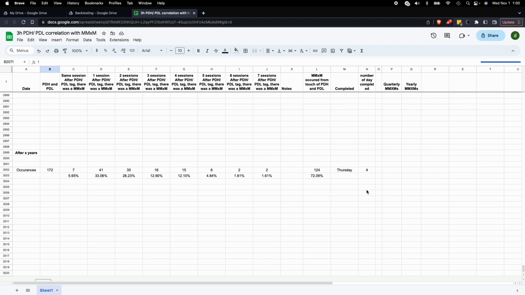And of course, you can say that 72% of the time when a previous day high, previous day low was created, a market maker was formed within 7 days of the initial day when we had that volatility. So I think 72% is a nice, good number there.